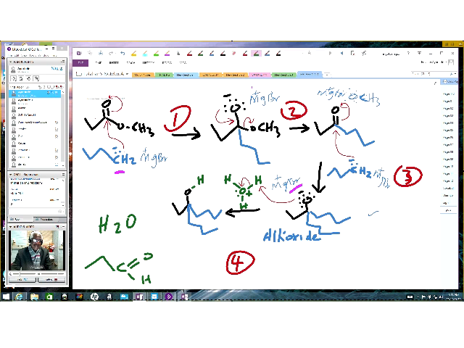So if I tell you that, and I say I want you to give me the mechanism of that reaction, which of these steps will be similar for the mechanism of an aldehyde going to a secondary alcohol reacting with a Grignard? 3 and 4, exactly. These are very similar. It's 3 and 4, okay?